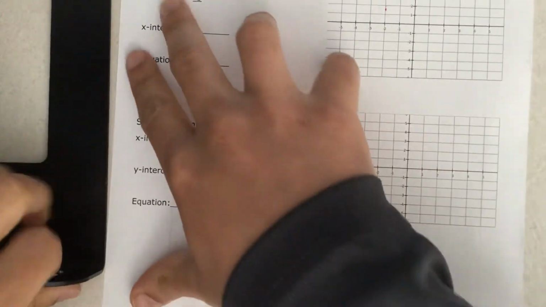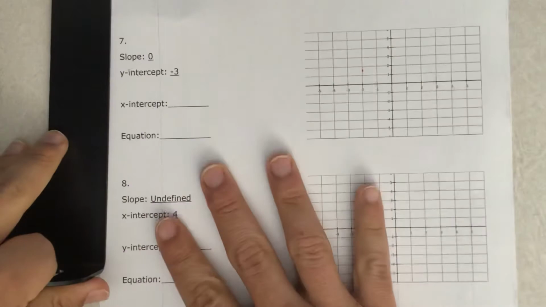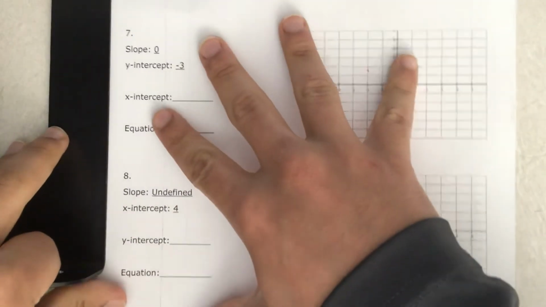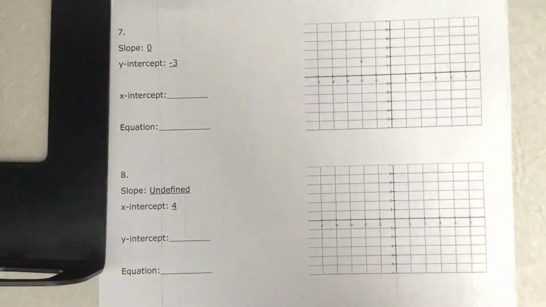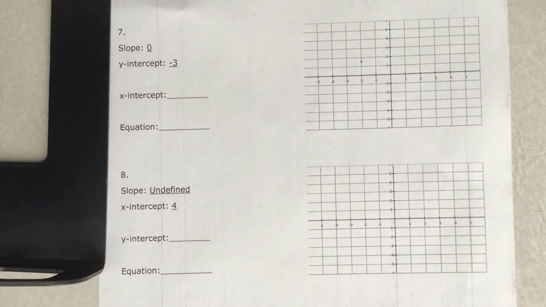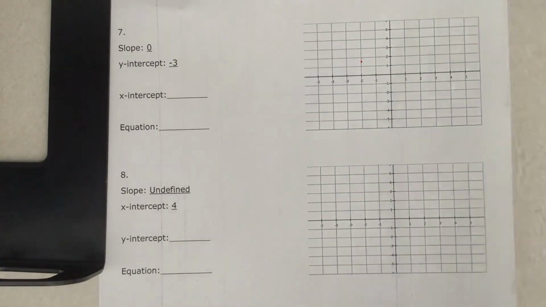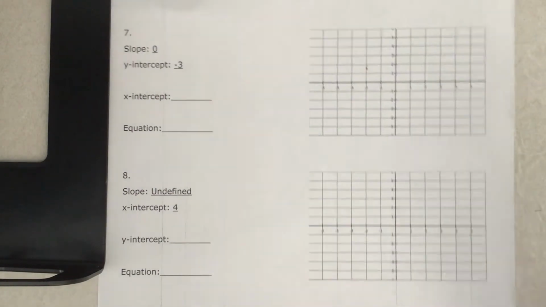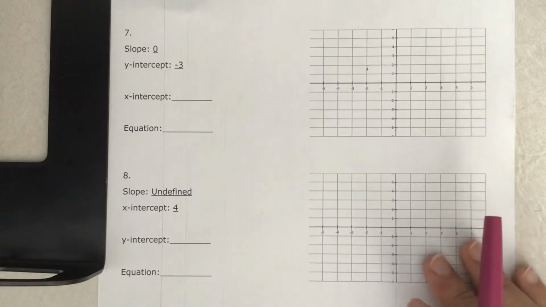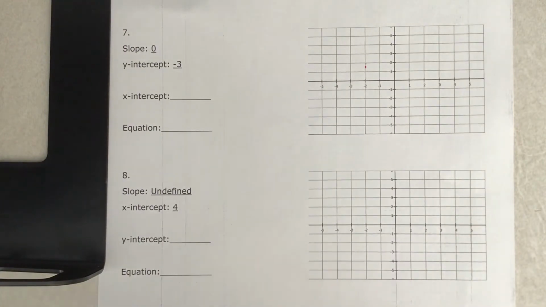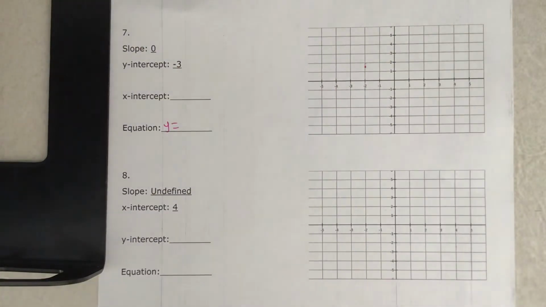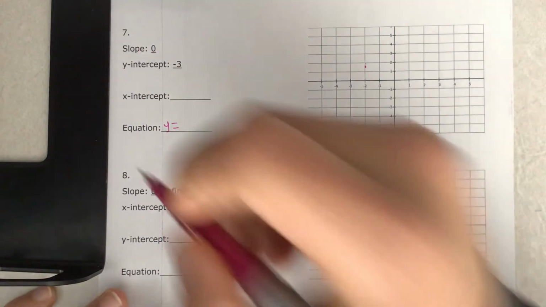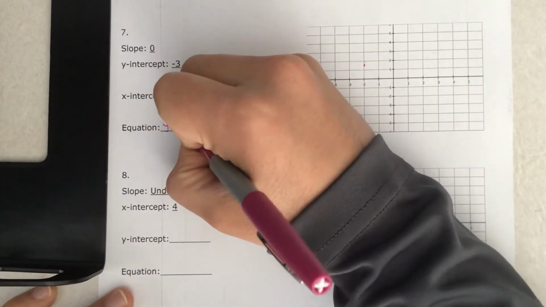And again, these are kind of funky or special cases. I always like to show you all those. So for 7, I'm told that the slope is 0 and the y-intercept is -3. So what I need to do now is make my equation. We always start with y equals. My slope is 0, so I'm going to put 0x for now.